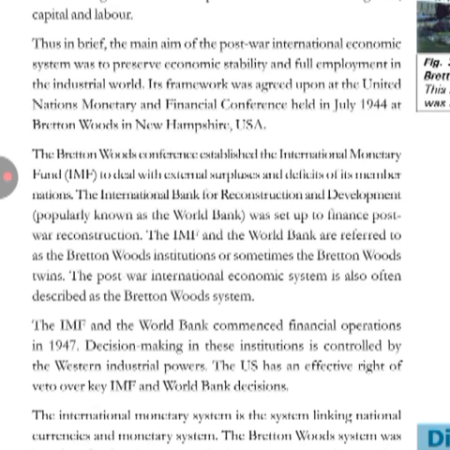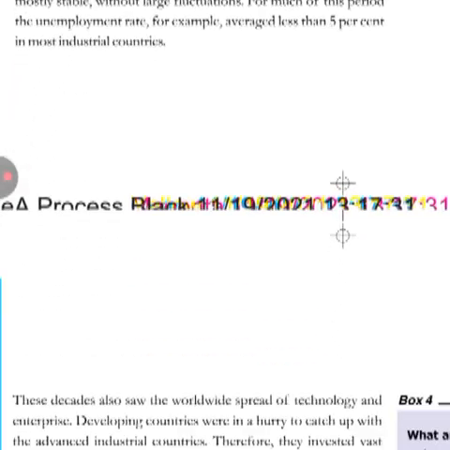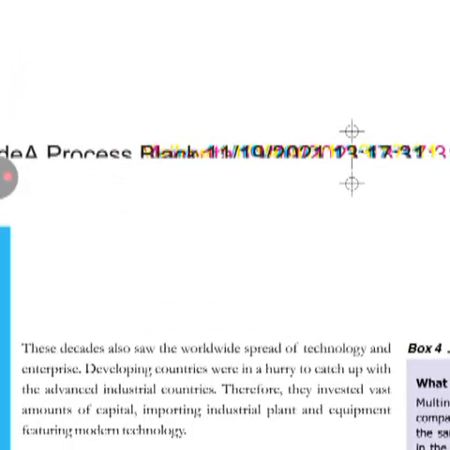Once the Western countries' economies recovered, the IMF and World Bank turned towards what we know as the third world countries, the colonies of the European nations or newly independent countries.